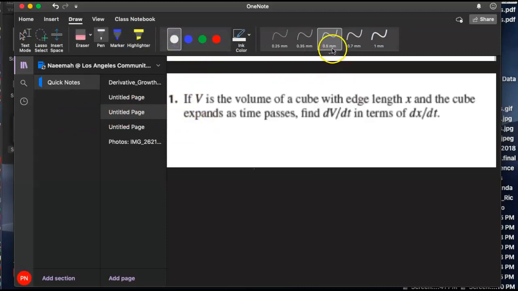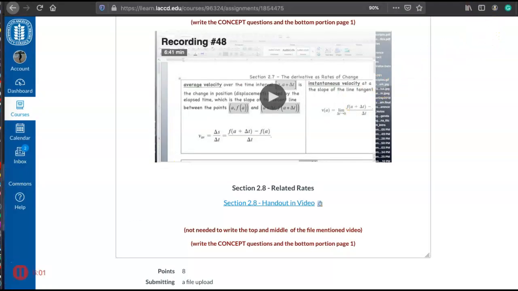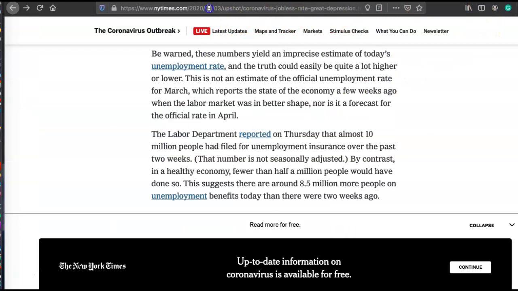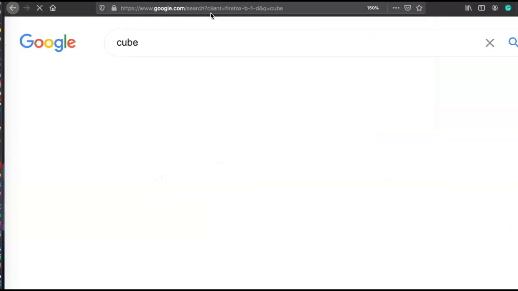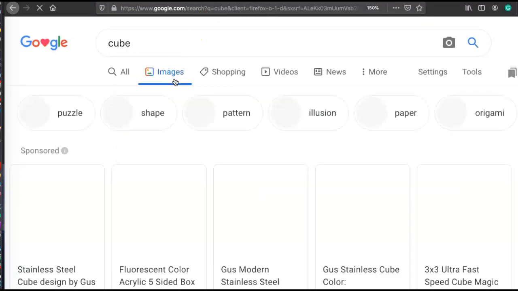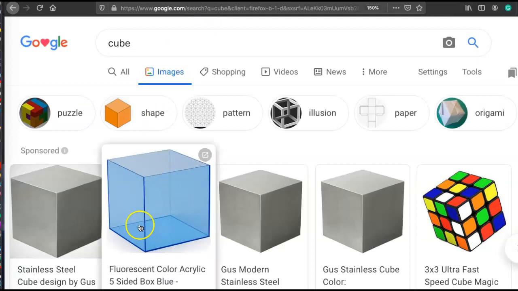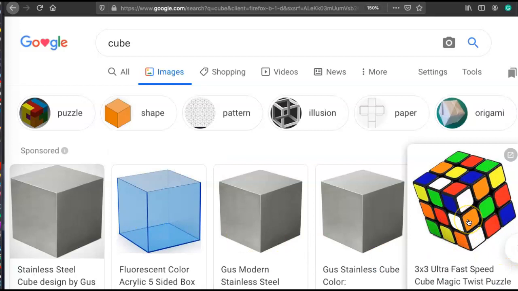Well, I'm not the best drawer, but let's take a look here at a cube. Let's take this Rubik's Cube here. The Rubik's Cube is going to have the same length, the same width, and the same height. And if it's expanding, just imagine that Rubik's Cube is getting bigger.